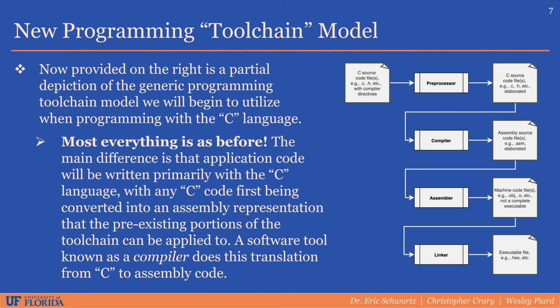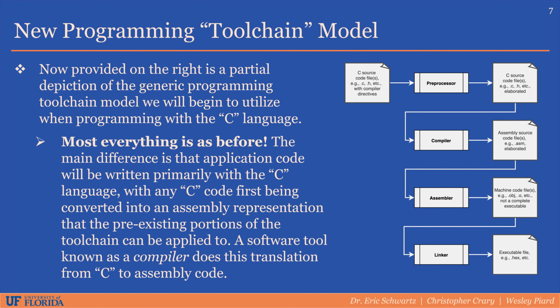reutilize the assembler and linker tools that we did before, but instead of starting with assembly code, if we now start with C code, what if we could have a new tool, which is going to ultimately be known as the compiler tool, that translates our C code into a representative assembly code for our target microprocessor. And that's exactly what we're going to end up doing for our purposes and in general when you program with high-level languages.